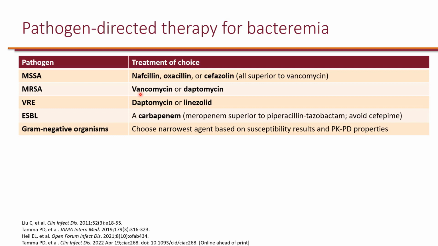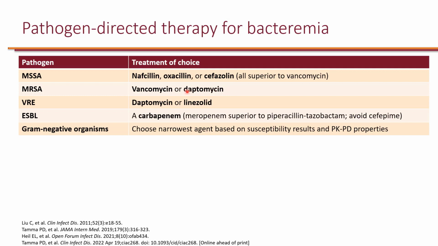But if you consider that vancomycin requires therapeutic drug monitoring, so you essentially need to pay a pharmacist to get vancomycin levels and make adjustments, one could argue that daptomycin might be more cost effective. But regardless, either vancomycin or daptomycin would be treatment of choice for MRSA.